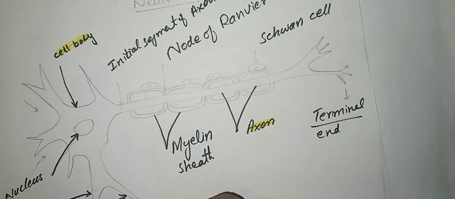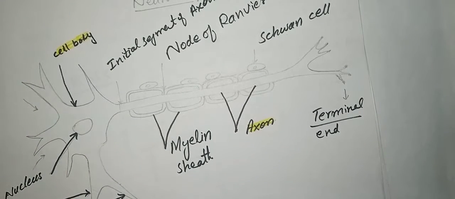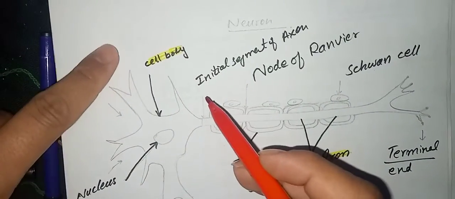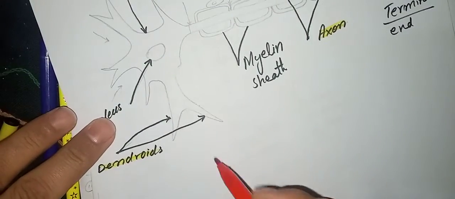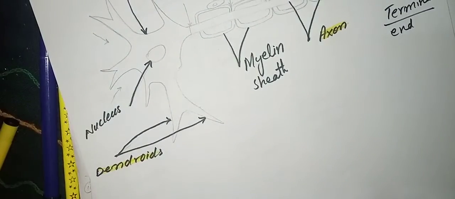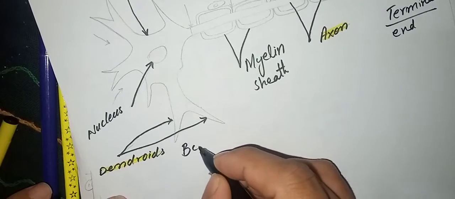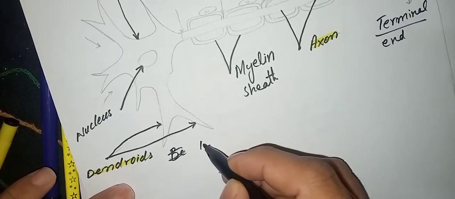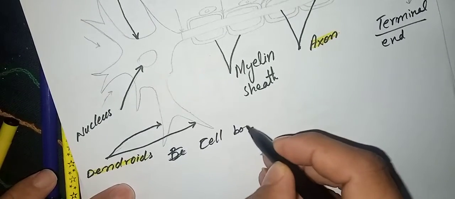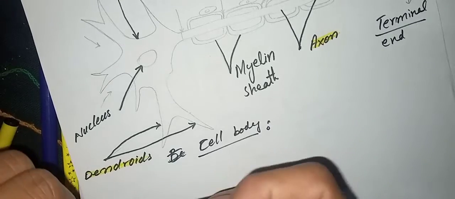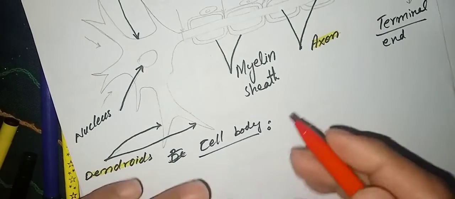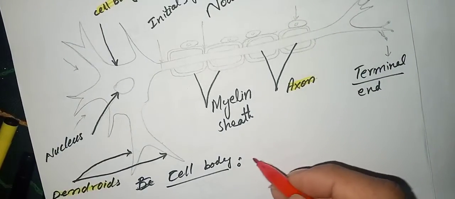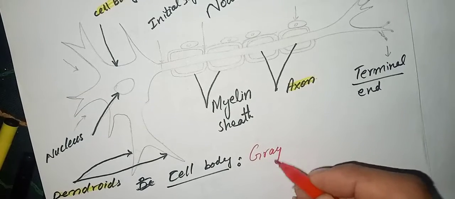So let me explain. As you can see here, the cell body. The cell body makes the gray matter.